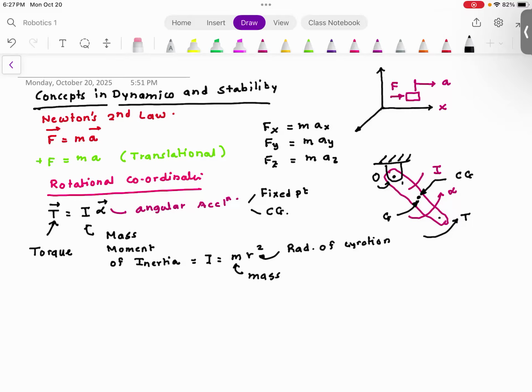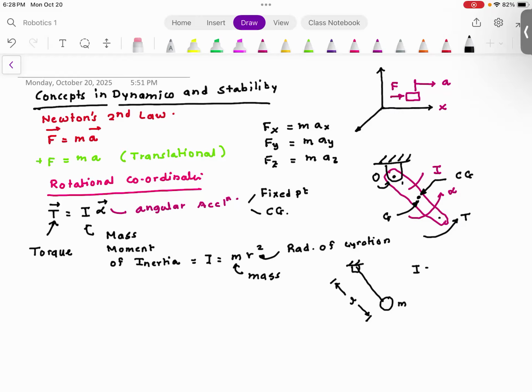If you have a pendulum, and say you have a mass at the end, if this radius is L, the mass is located at the end, and the link is massless.